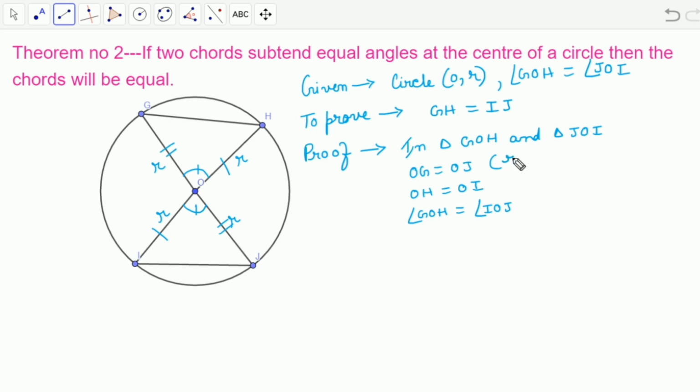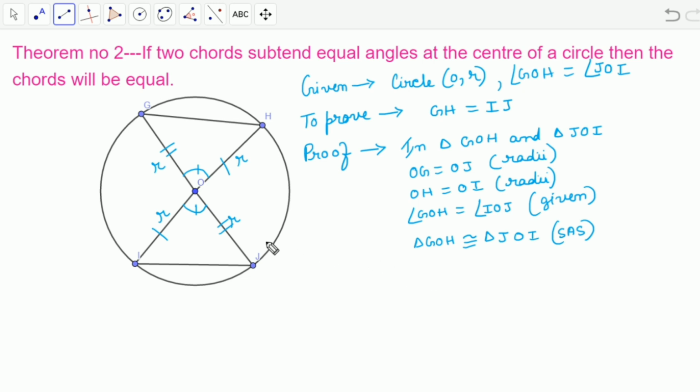This is due to the radii of the same circle, obviously, and this is given to us. Because it is given to us, what congruency can we see here? We write GOH, right, angle O is equal to angle O, so angle O should come in between, and OG is equal to OJ, so the triangle should be JOI, right?